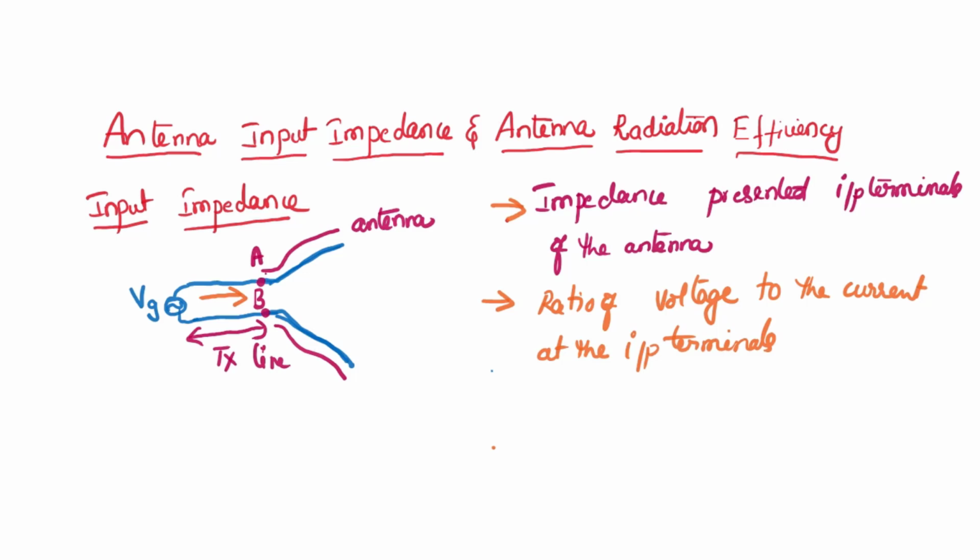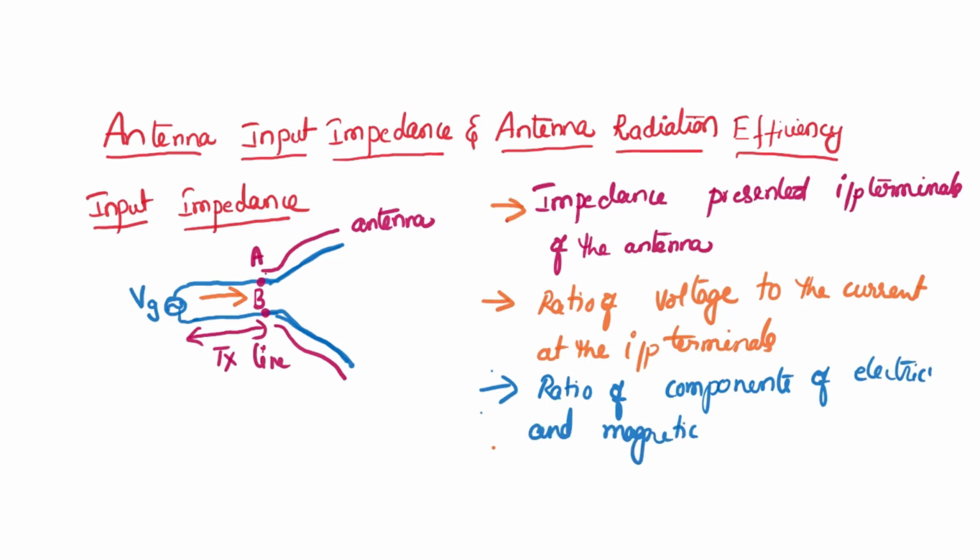Or we can say input impedance is the ratio of components of electric and magnetic fields at the input terminals. I can say these three are the simple definitions of input impedance of the antenna.